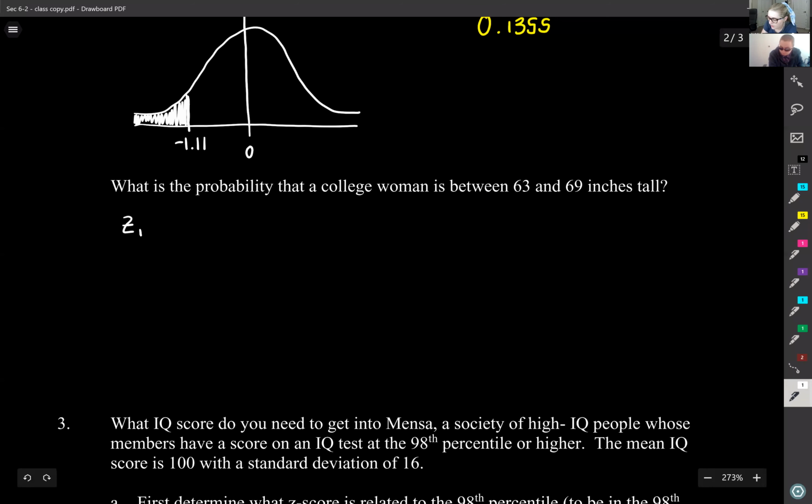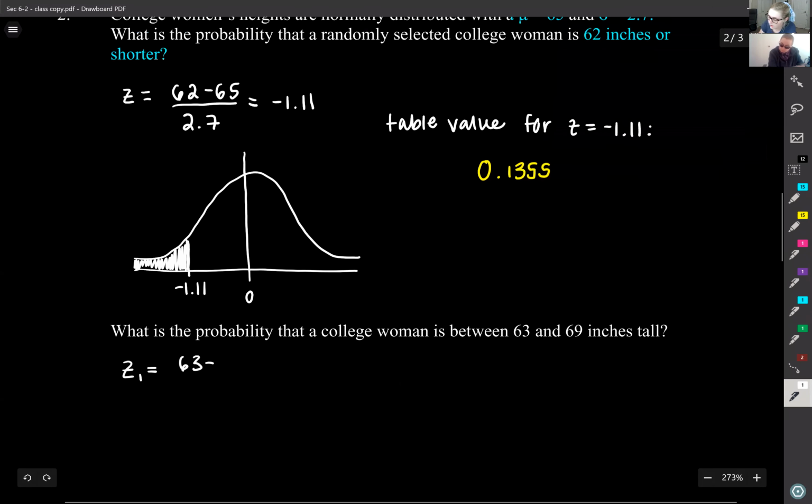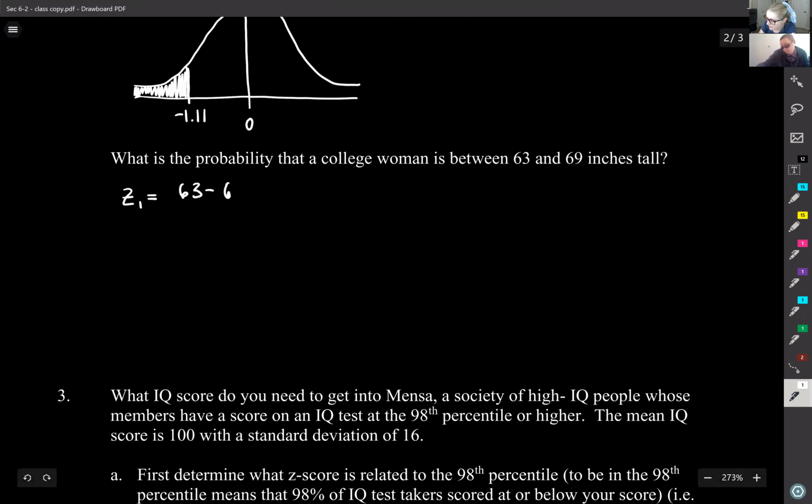So my Z1 is 63, and I subtract the mean from it, which is 65. So 63 minus 65 over a standard deviation of 2.7. I'm plugging that into my calculator.